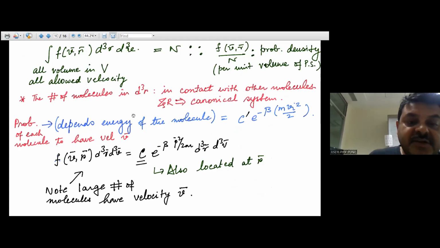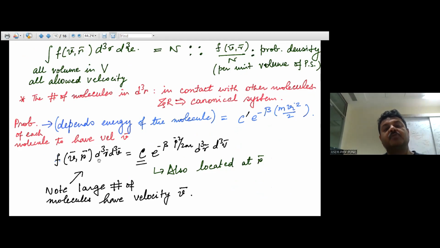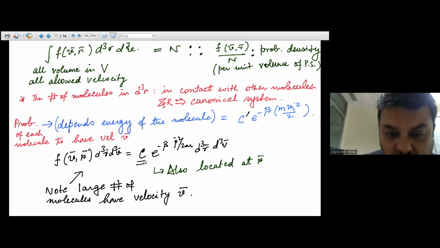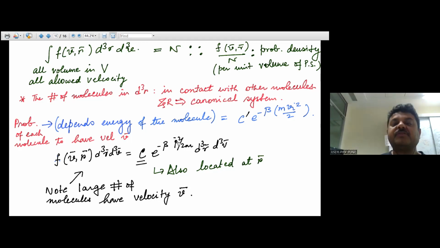Since each individual molecule is independent of the other, f(r, v) d3r d3v, which is the number of molecules at position r moving with velocity vector v, is proportional to some other constant c times e to the power minus beta p squared by 2m.